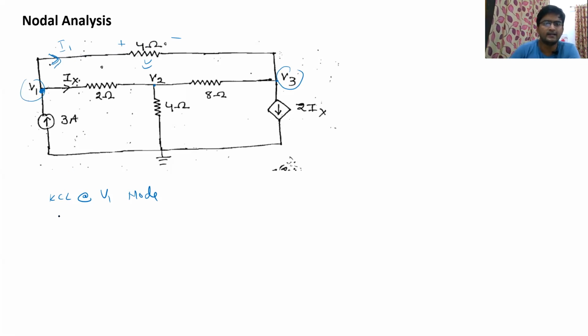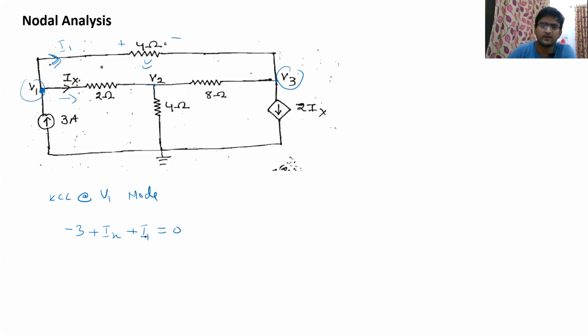So we can write the KCL at this particular V1 node as: 3 ampere current is incoming, so we will write it as -3. Just for the convention, I'm taking outgoing current as positive and incoming current as negative. Then this Ix current is going outside, so I will take it as plus Ix. Then this I1 current is going outside, so I will take it as plus I1 is equal to 0, because only 3 branches are meeting at this particular point.